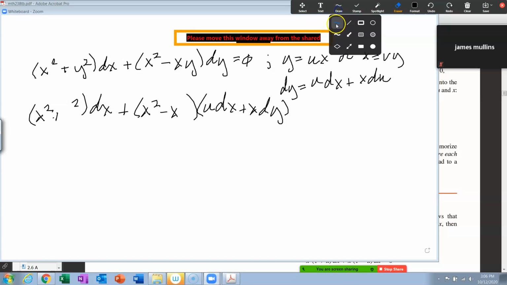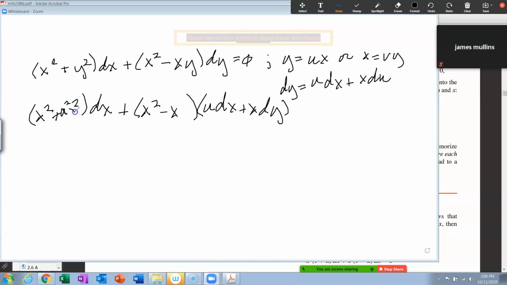All right, let's get back to our drawing here. Okay. So since y is equal to ux, this y squared becomes plus u squared x squared dx.